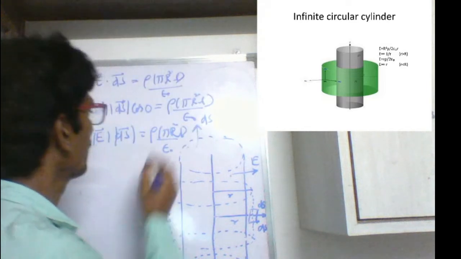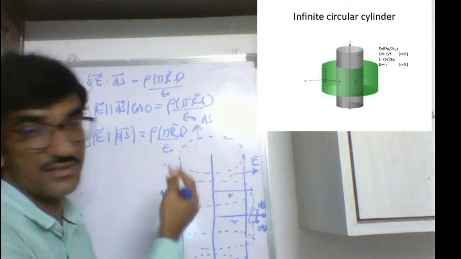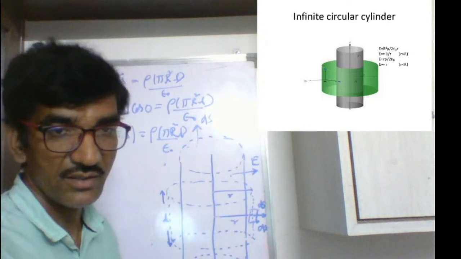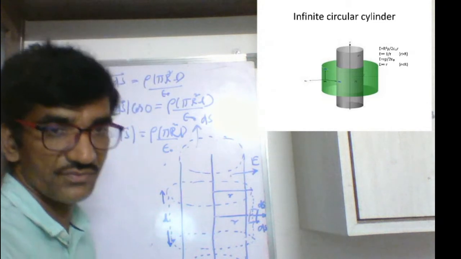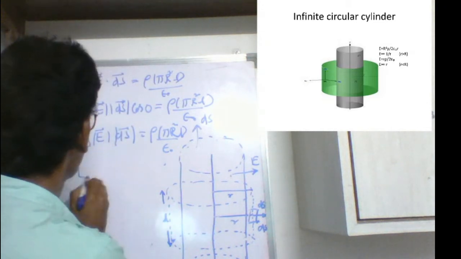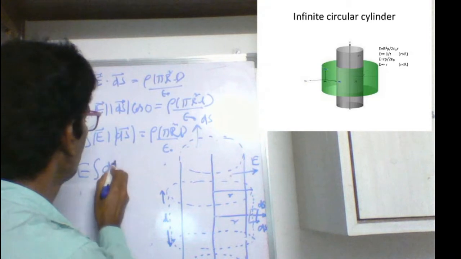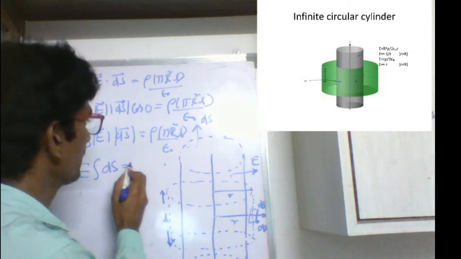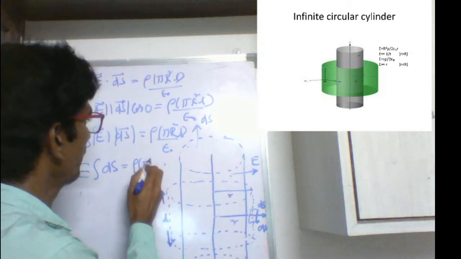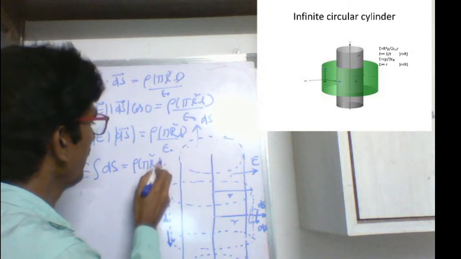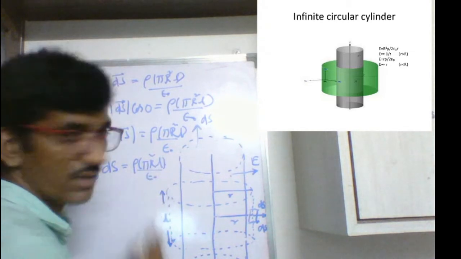Here E is the same for all the points on the surface, so E is a constant. You may write E outside, so inside the integral you have ds only.